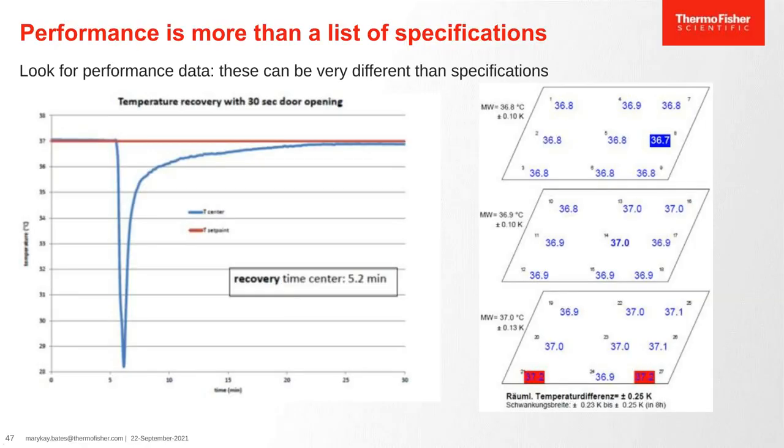So I know that there are lots of different available incubators on the market today, and it's easy to just compare a list of specifications, but performance is more than a list of specifications.